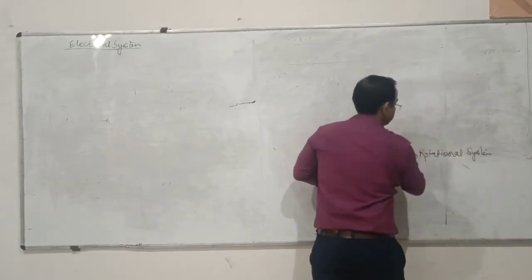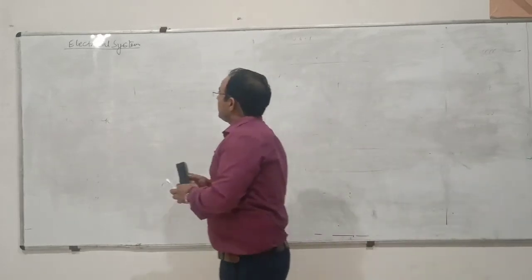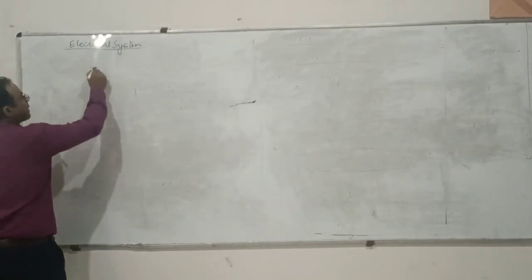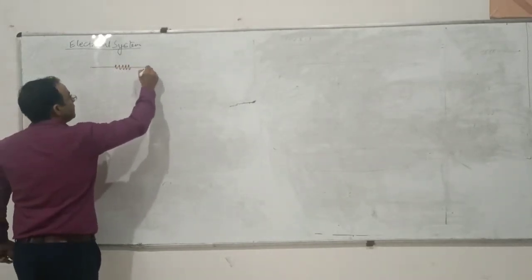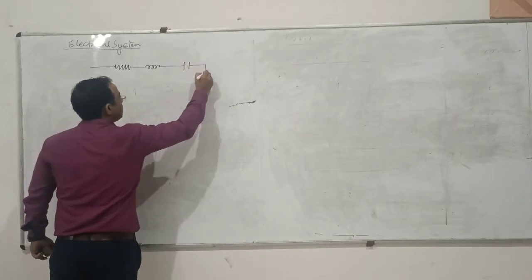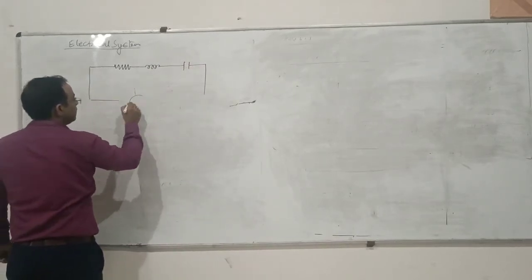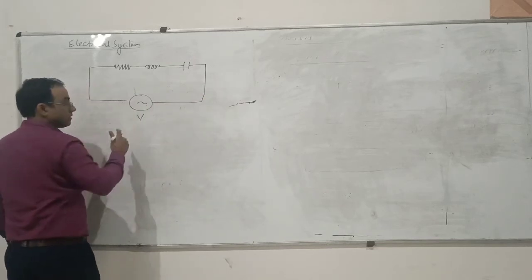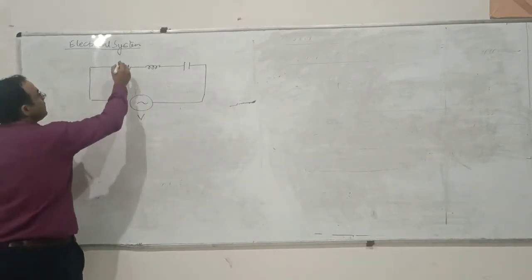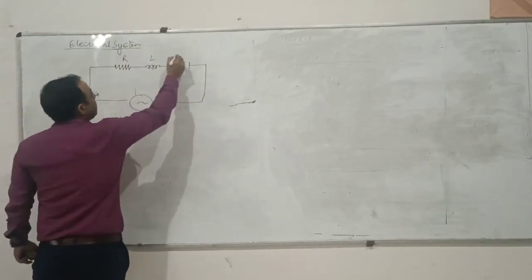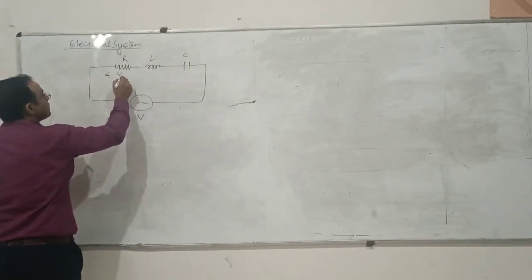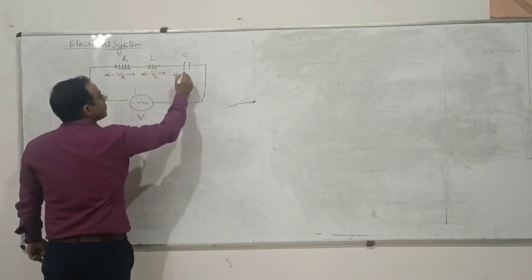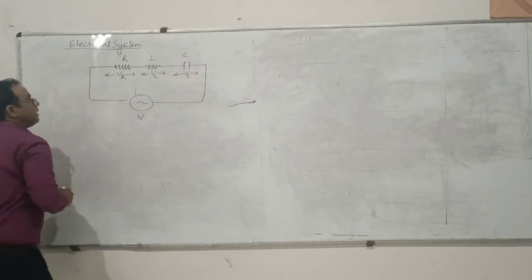So now, for a very basic electrical system, a series RLC circuit is connected across the voltage source V. So it will be R, L and C. The voltage across resistance is VR, across inductor is VL and across capacitor is VC.